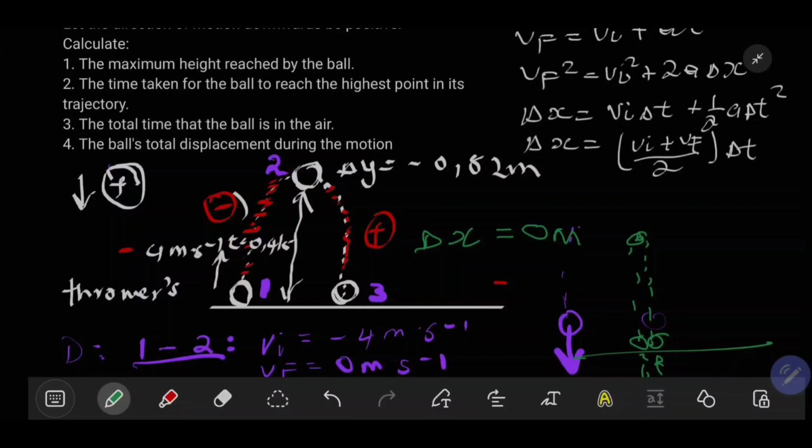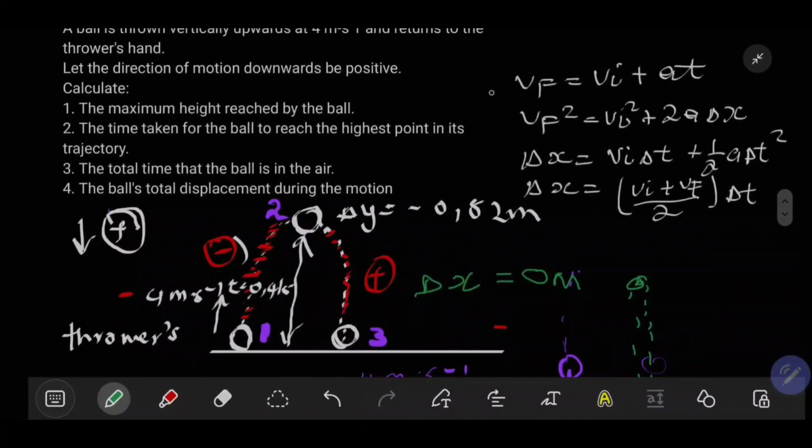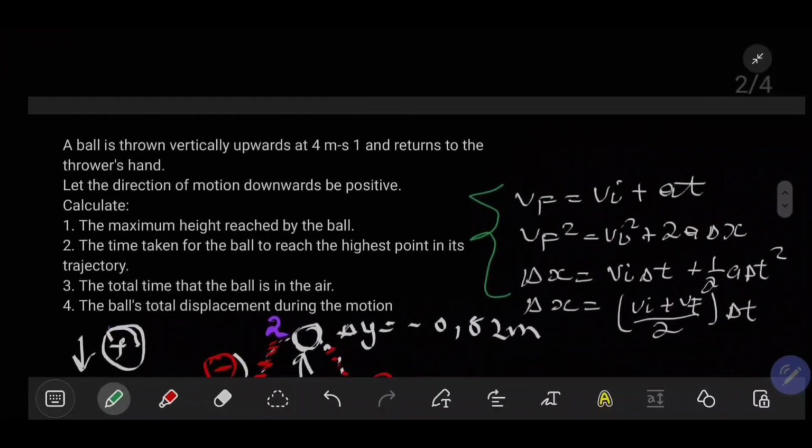There will be questions where we will be using almost all these formulas, but for now this is how we work with these big four equations in vertical projectile motion. So we'll do more practice and more exercises on this, so that we get to understand this. We must enjoy this so that we can pass this concept.